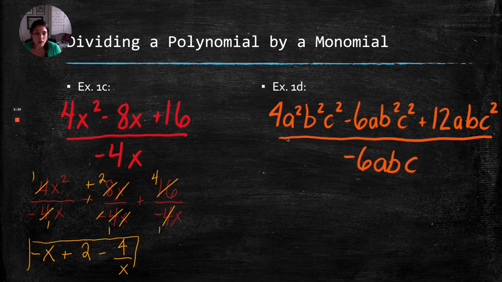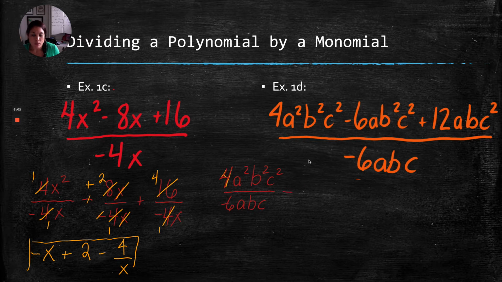Okay, here is a chunky one, but this really isn't too difficult. You just have to slowly break it down. So 4a squared b squared times c squared over negative 6abc.